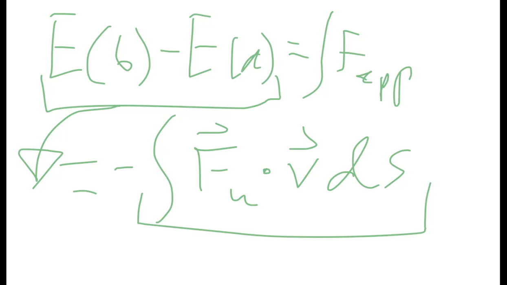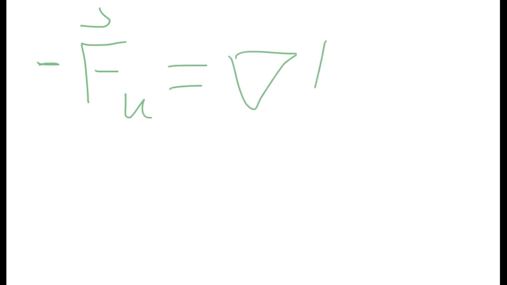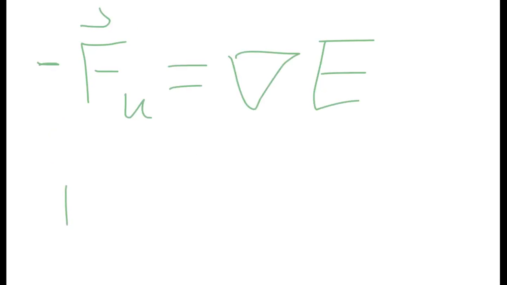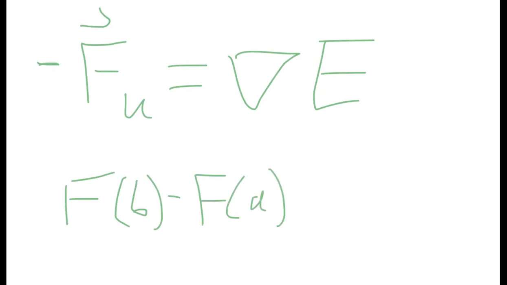Think in terms of what we were just doing. That's fine. What this is looking like is basically that minus FU is equal to grad E. If we compare this equation to our equation for the gradient, which we remember is that some function at B minus some function at A is equal to the integral ds of grad F, then that's the same equation, right?